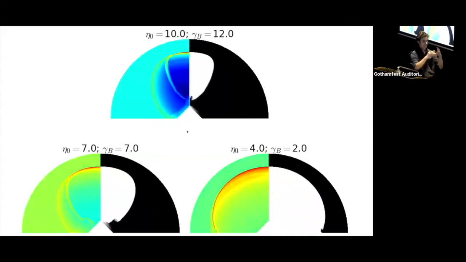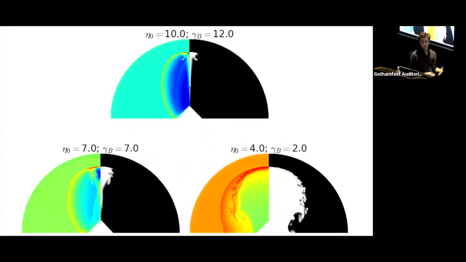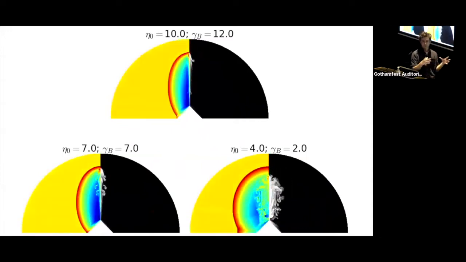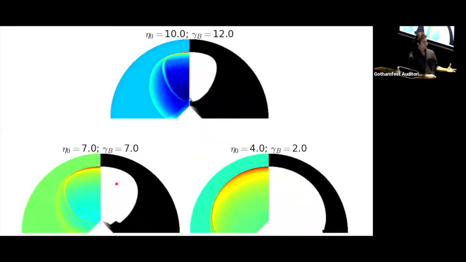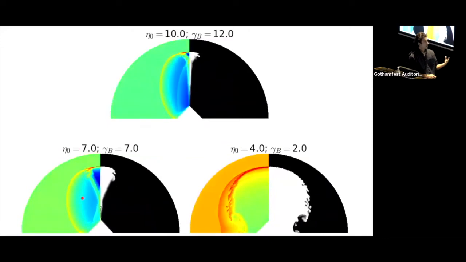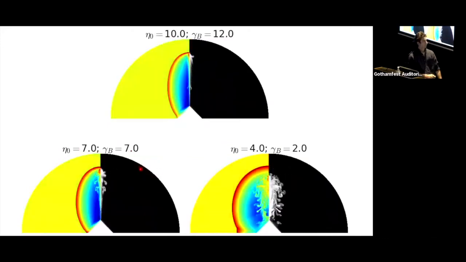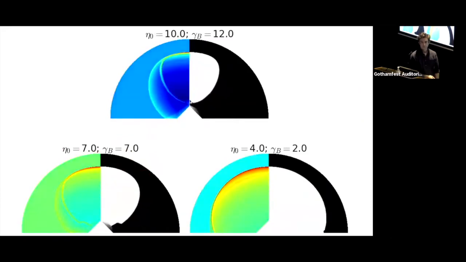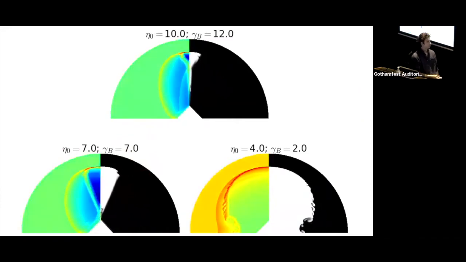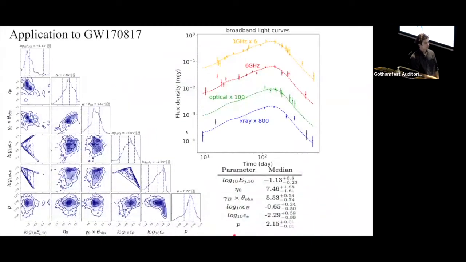You basically take a ball and deposit some amount of energy into it, and then it expands in its own rest frame. So eta naught is the energy in the rest frame of the outflow, and then you boost it with a factor of gamma b, and that creates a more jet-like outflow. There are a couple more that go into it, and P is the electron distribution power law index. Does that answer your question?